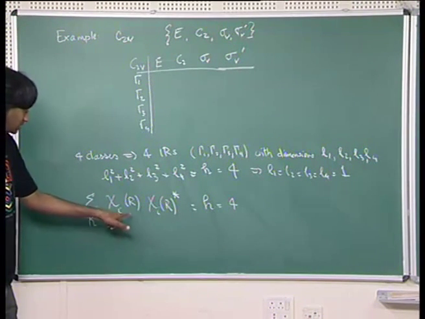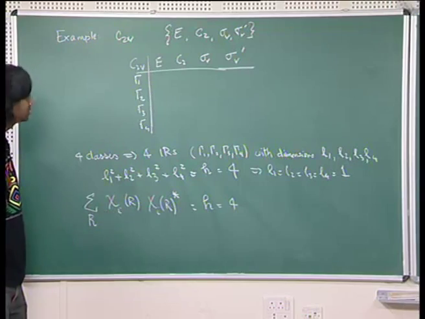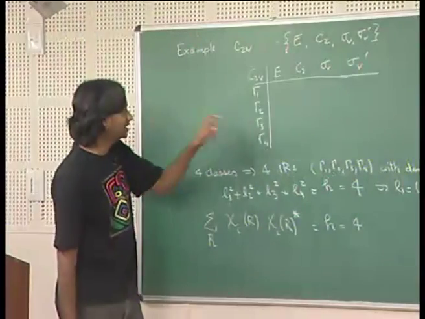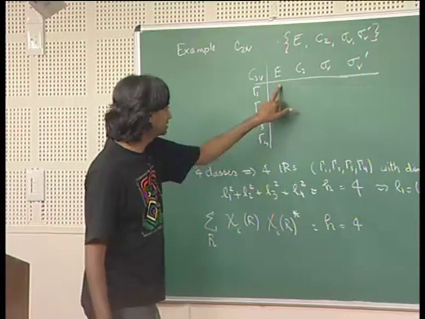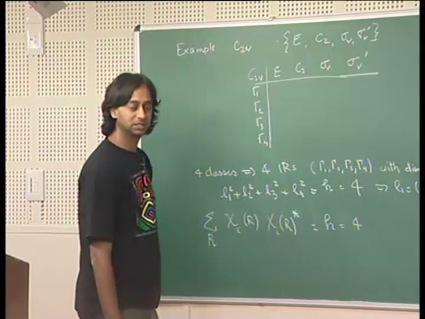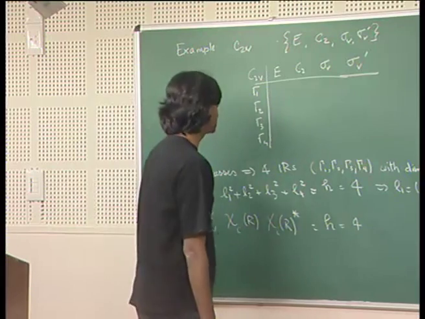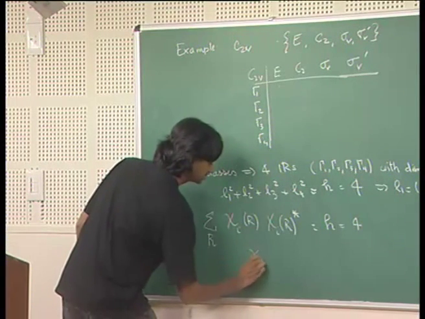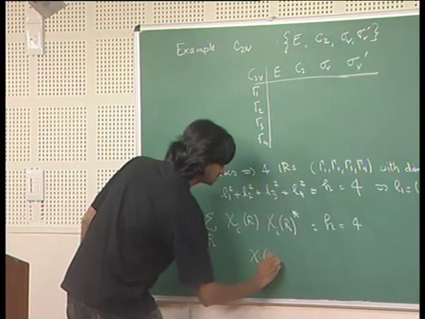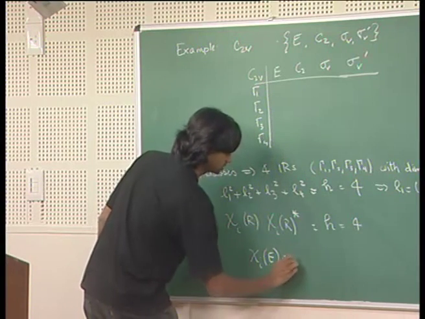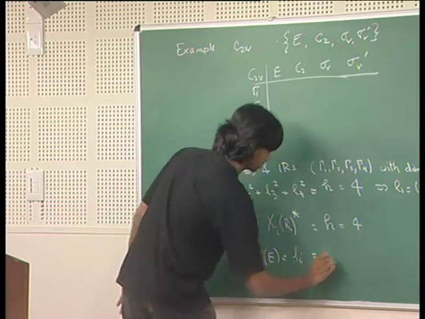Now, what should be the character of identity in each of the representations? That should just be equal to the dimensionality. So, since we have chi I of E is equal to Li is equal to 1.